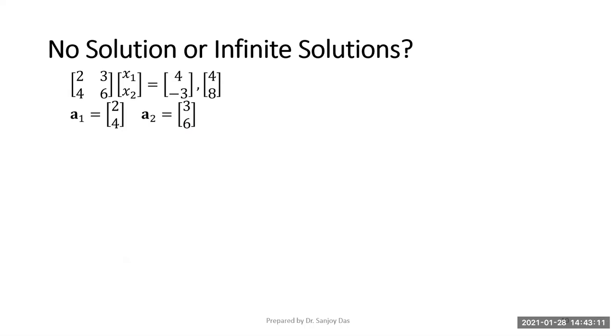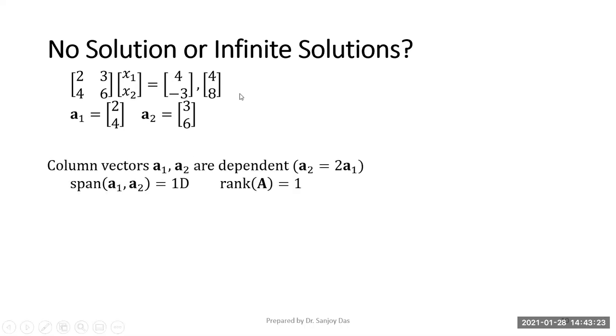No, they are dependent. A2 equals 1.5 times A1, right? So in fact, they point in the same direction. So we cannot express any arbitrary vector B uniquely in terms of A1 and A2, right?